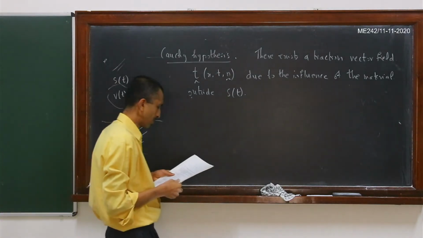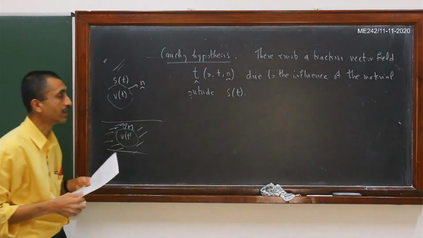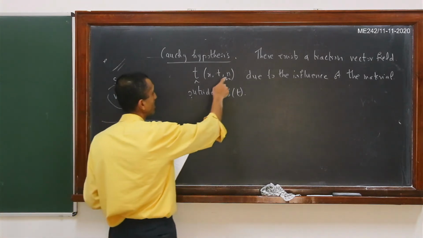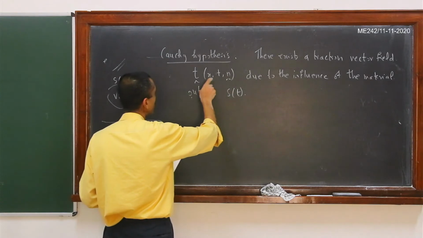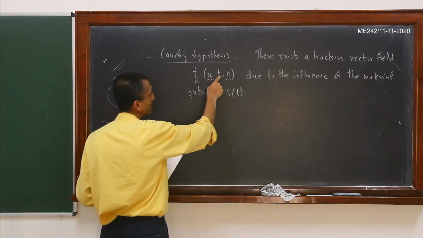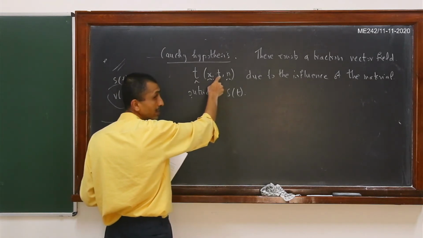Okay, so this traction vector concept is a little bit difficult to understand, because there is a dependence on the normal, and that is what makes things complicated. First thing is, do not confuse between this t and this t. This t is time. I am not putting the tilde below that because that is just a scalar variable.